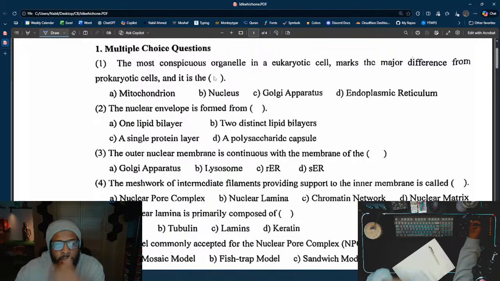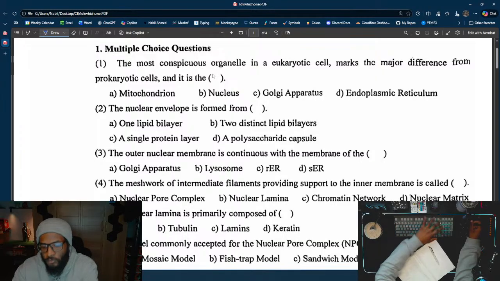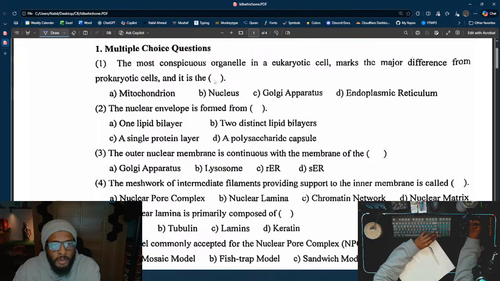So this is B. The outer membrane is continuous with the membrane of the rough ER. The meshwork of intermediate filaments providing support to the inner membrane is called the nuclear lamina. Nuclear lamina or nuclear matrix? It's the lamina, B.